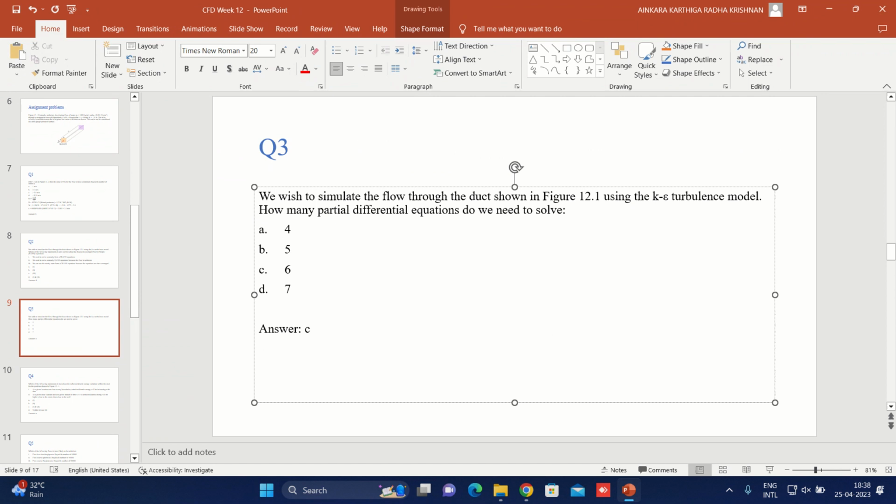So number of equations is equal to 1 plus 3 turbulence.